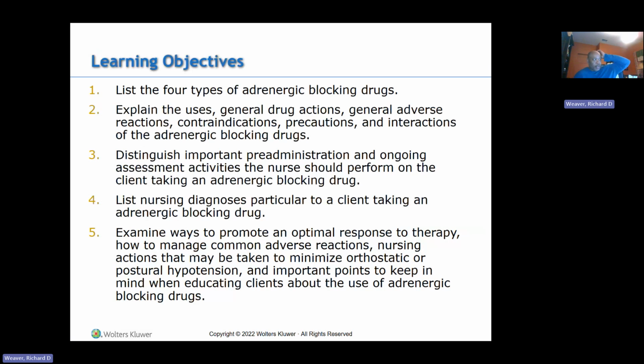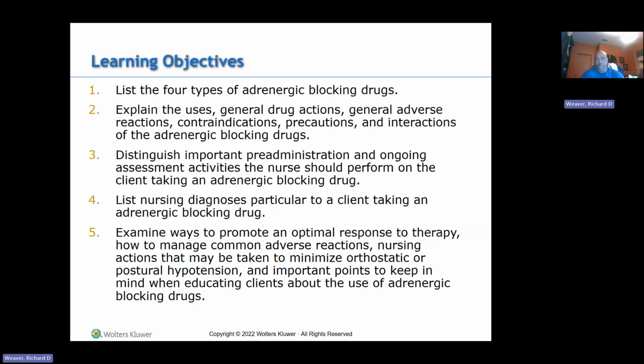List the four types of adrenergic blocking drugs. Thankfully, we only have four to look at. Explain the uses, general drug actions, general adverse reactions, contraindications, precautions, and interactions of the adrenergic blocking drugs.